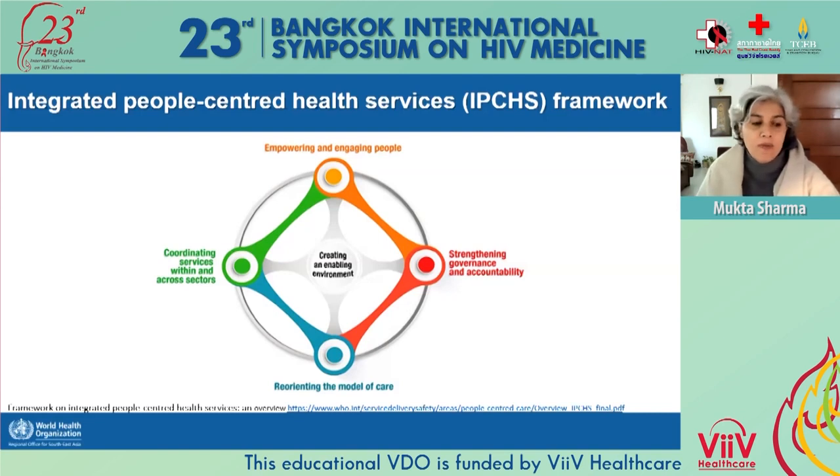So this framework is calling for reforms to reorient health services where we are putting individuals, families, carers, and communities at the center. And these are supported by responsive services that better meet the needs of people, rather than focusing much more on what is convenient for the health system to deliver.